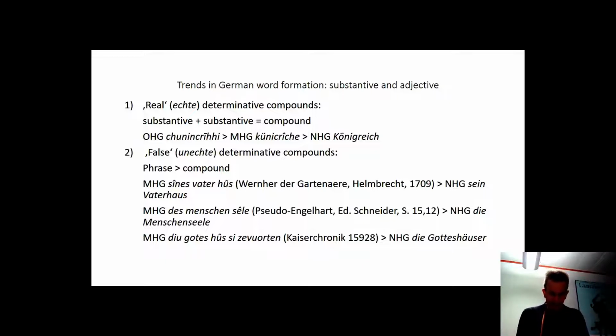As long as Middle High German makes extensive use of the prepositive genitive attribute, the so-called Saxon genitive, sequences such as sines vater hus or des menschen sele cannot be read as determinative compounds but suggest an interpretation as nominal syntagmata.